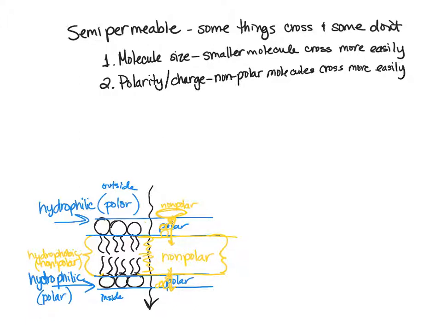Then the third is the presence of a transport protein. So molecules that can't go through the membrane can maybe get through a transport protein then.